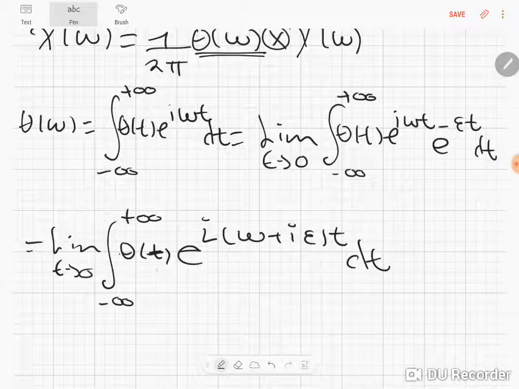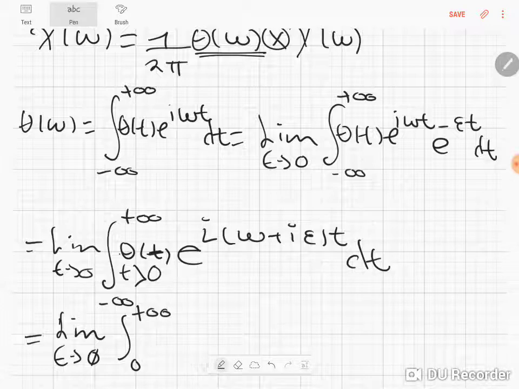Since theta is only one for values of t greater than 0, we end up with the limit of epsilon that tends to 0 of the integral from 0 to plus infinity of e to the I omega plus I epsilon, times t, dt.